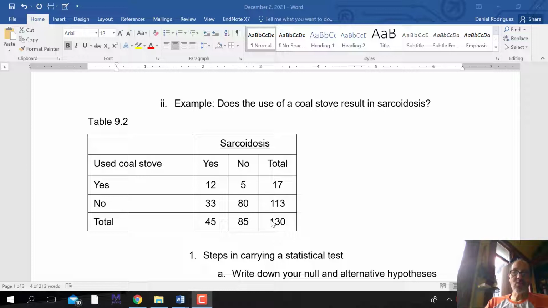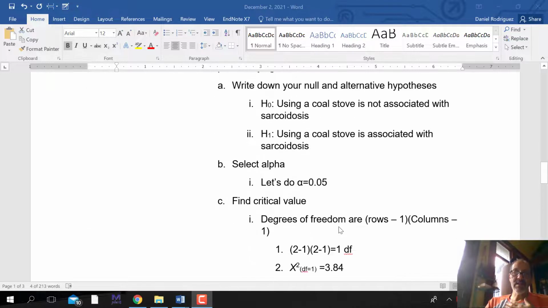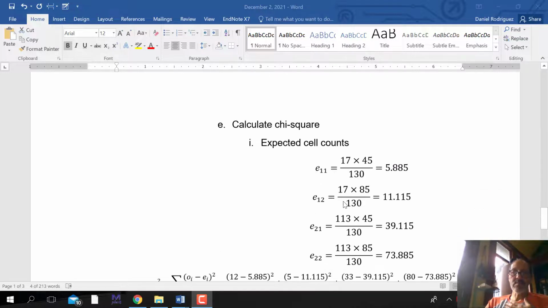Our total is 130. So for the expected value of this first cell, it's the row total, which is 17, times the column total, which is 45, divided by 130. 17 times 45 divided by 130 equals 5.885. Let's do another one.